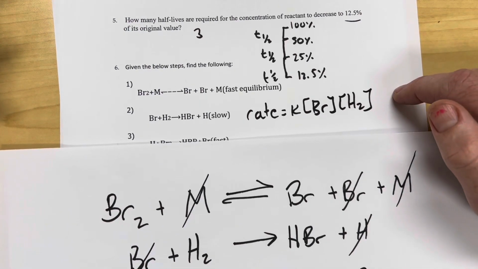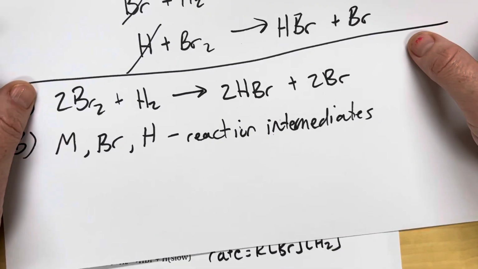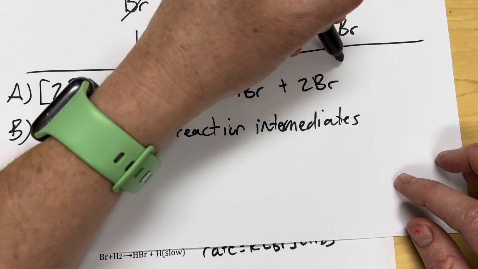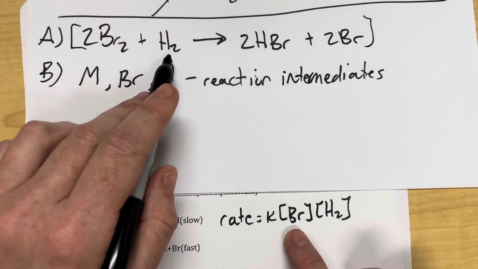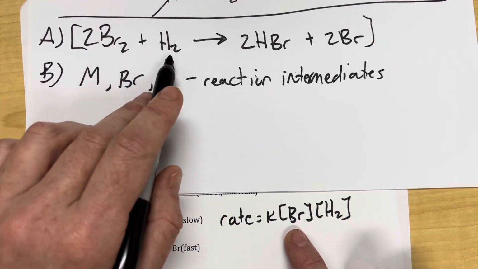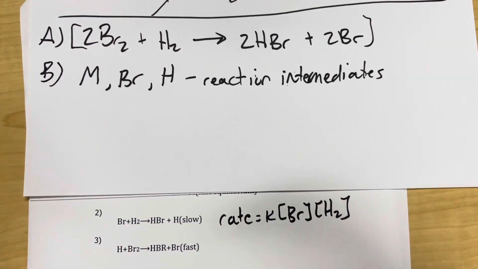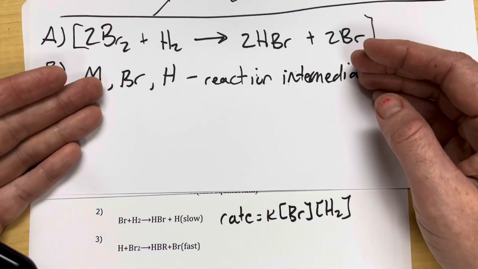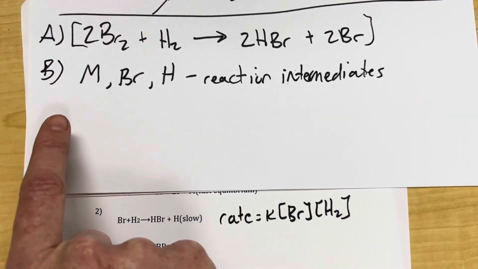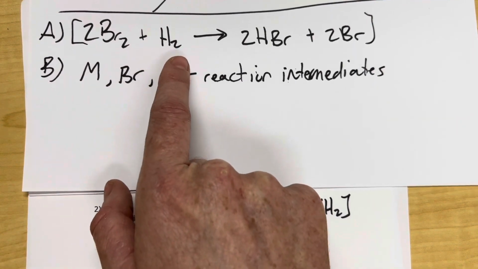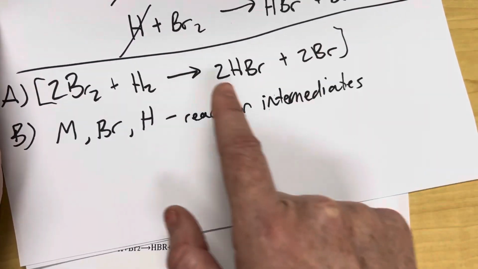So this is going to be our rate law. The problem is, in our overall reaction that we came up with here, do you see Br as one of the reactants? I don't see Br as one of the reactants. And because we don't see Br as one of the reactants, we have to go through and solve at another location for Br and replace it with something that we know, preferably H2, or actually that's pretty much our only option, or something else that you actually see in this reaction.